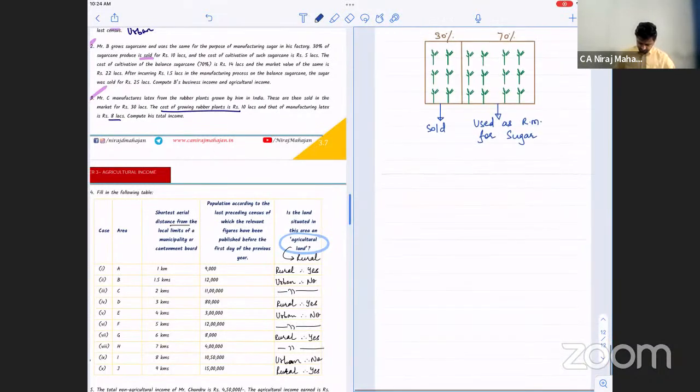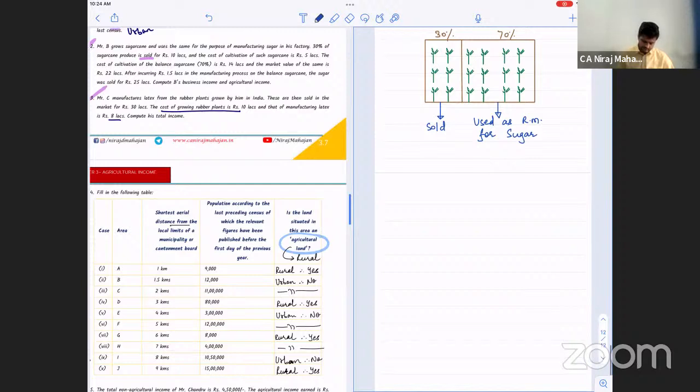We'll go ahead, everybody. So write on computation of combination of Mr. B's business and agriculture income.